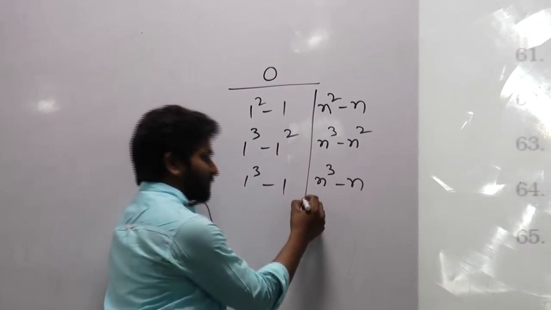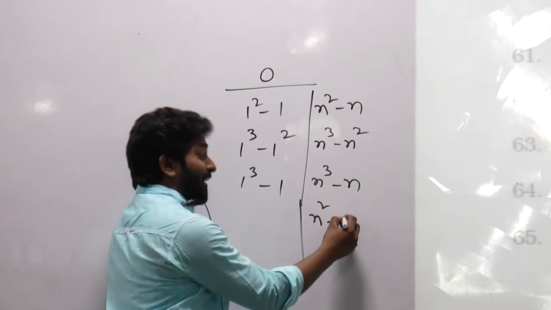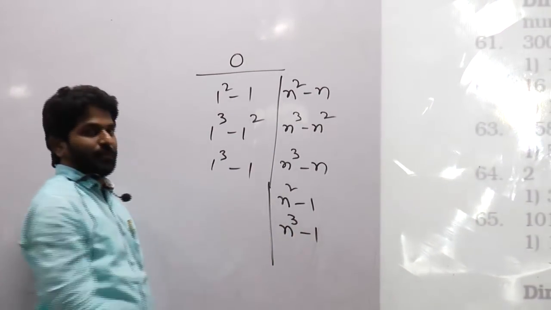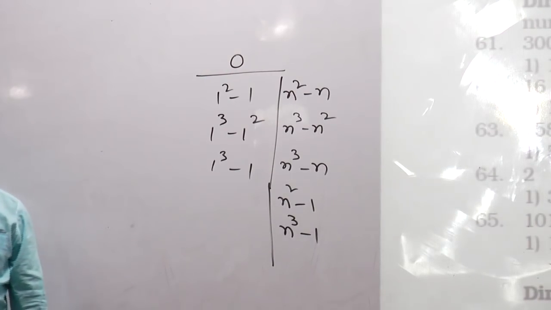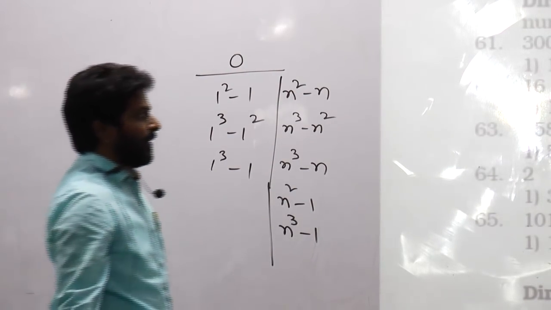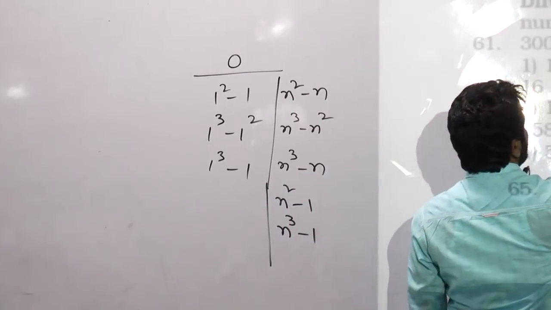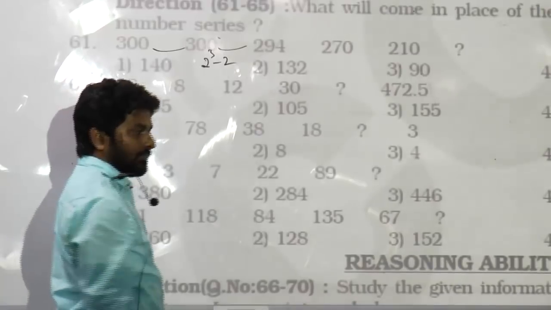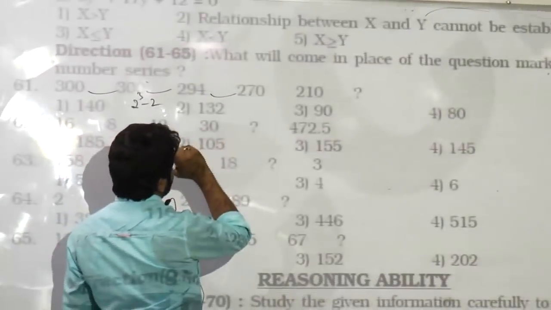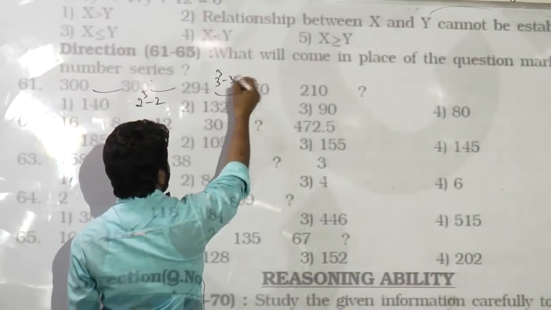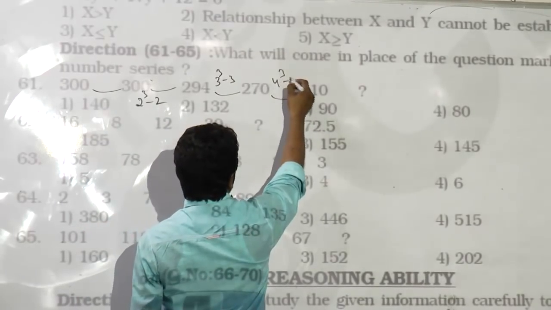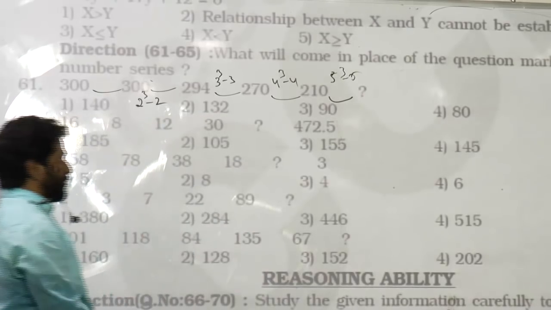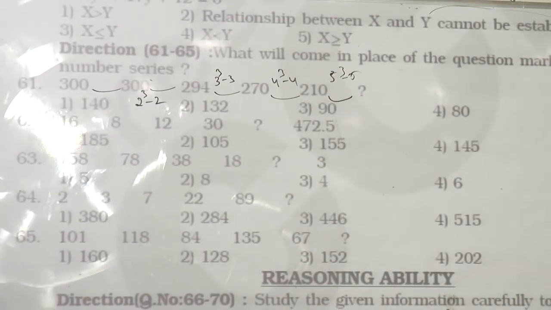Or n square minus 1, n cube minus 1 also. Okay? Difference here is 2 cube minus 2, difference is 24. 3 cube minus 3. Should be 4 cube minus 4. Next number 5 cube minus 5, 120 difference. So you should subtract 120, answer 90.